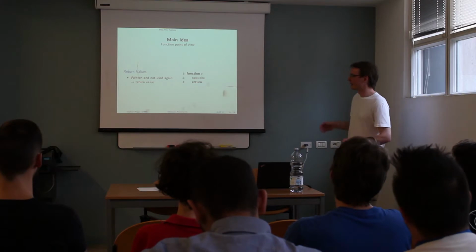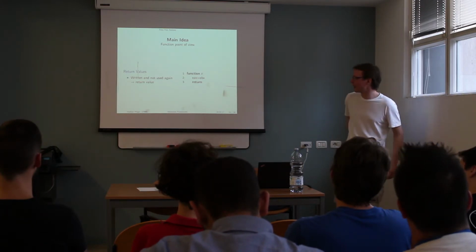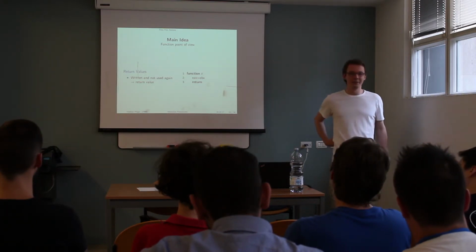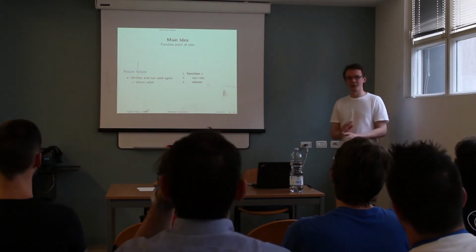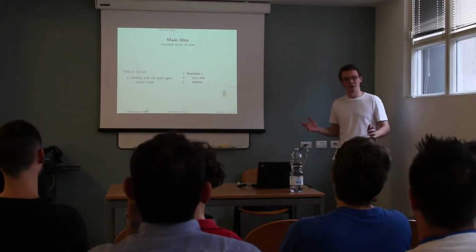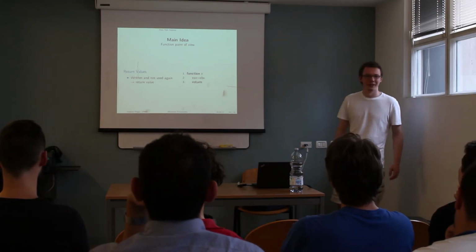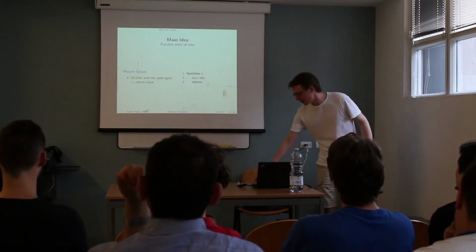Okay, and that's the case on the right side. We write EBX to EAX. EAX is not used until the end of the function, so we say, okay, EAX is a return value.